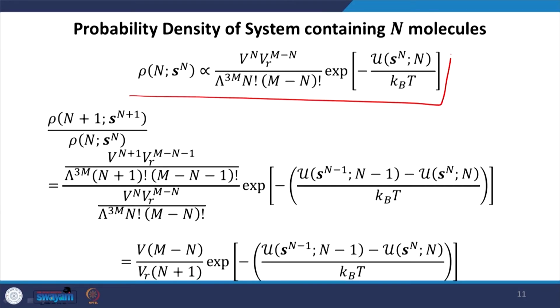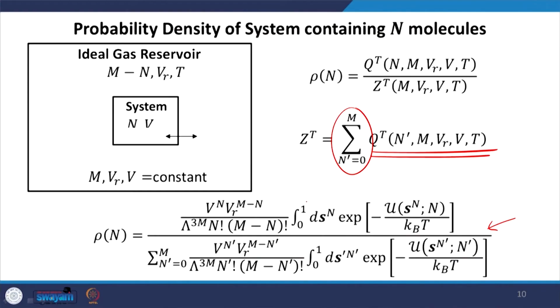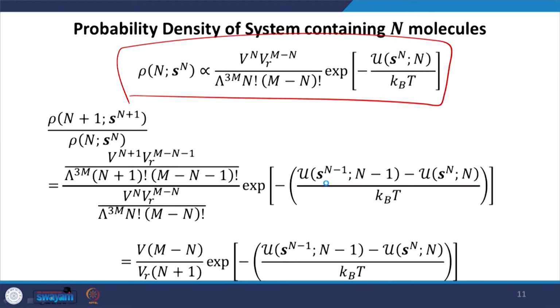And therefore, I can also write the probability density of a given configuration as the numerator here without the integral over all the configurations. This is what we did in the last case as well. Now, we are doing it for rho n Sn as opposed to rho v Sn that we did for the isothermal isobaric ensemble.